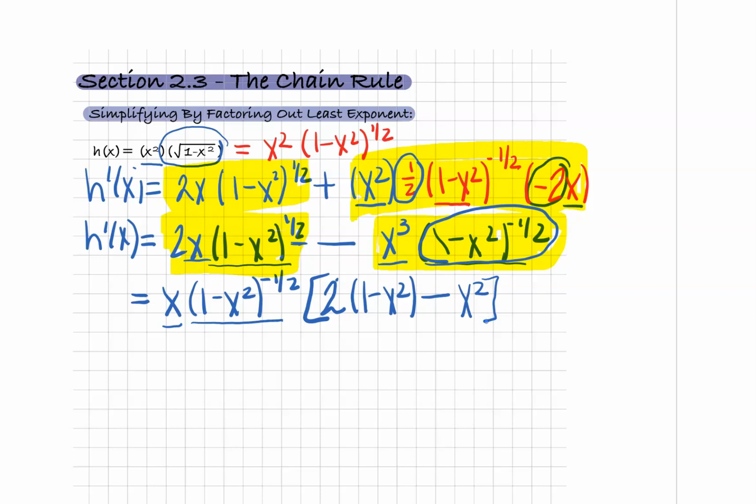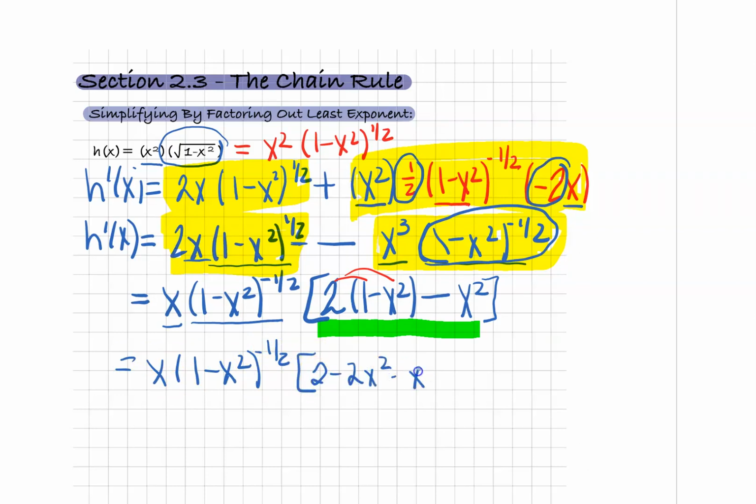The whole reason I want to do that is because look how nice this grouping has become. Let's do some algebra and clean that up. So I'm going to distribute this 2 in here. So we've got x times 1 minus x squared to the -1/2. So it gives me 2 minus 2x squared minus x squared. I can put these two terms together.